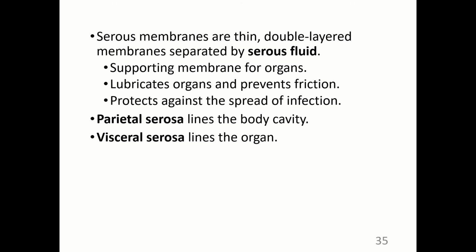The parietal serosa will line the body cavity. The visceral serosa will line the organ, and the space between will contain serous fluid. We'll talk about meninges when we get into the nervous system. This will focus strictly on serous membranes.